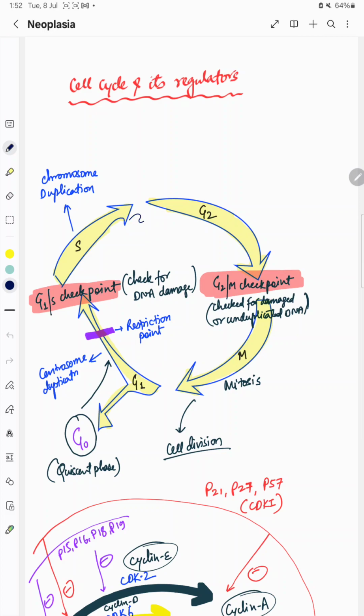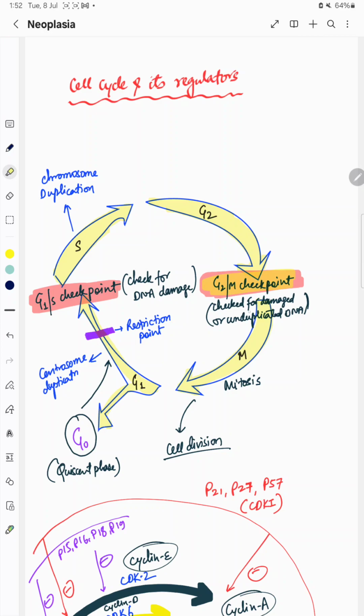After the S phase there is the G2 phase, and after the G2 phase there is the M phase, or mitosis phase. Between G2 and M phase there is another checkpoint, the G2/M checkpoint.